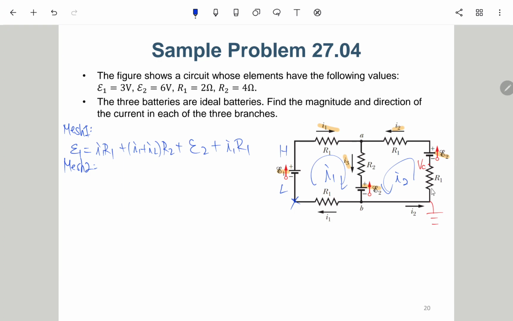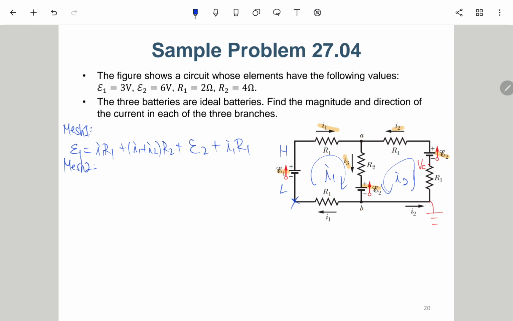Maybe you can see it's something like this. Let me see how to make it easy to answer.